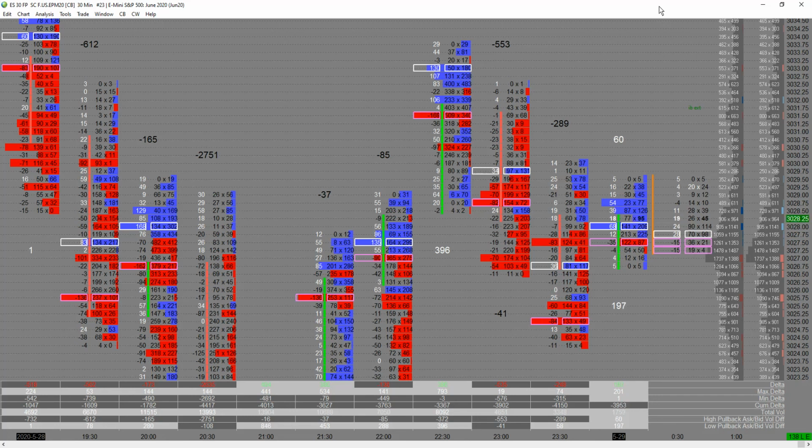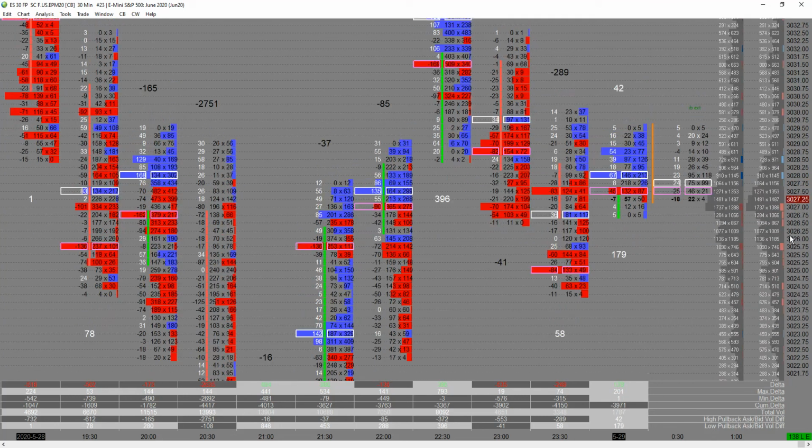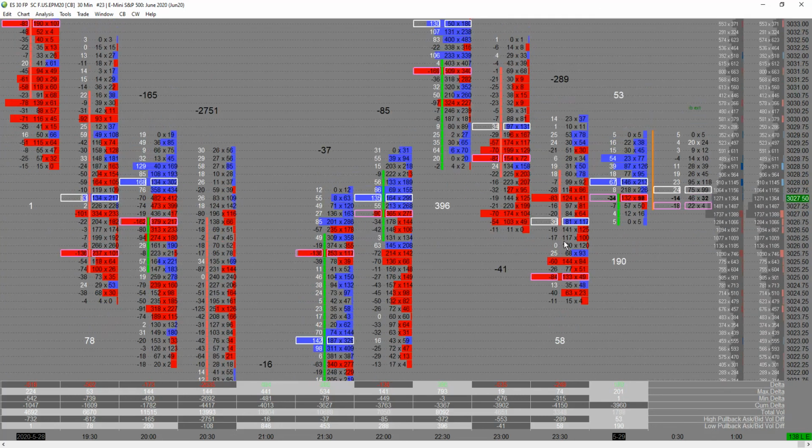So buyers are basically holding the market from the bottom. I just want to see if this number is higher compared to the previous candle, which shows that the buyers are stepping up at these levels.